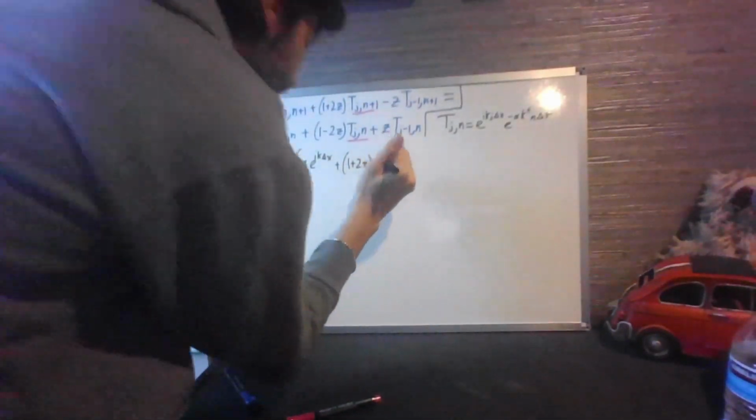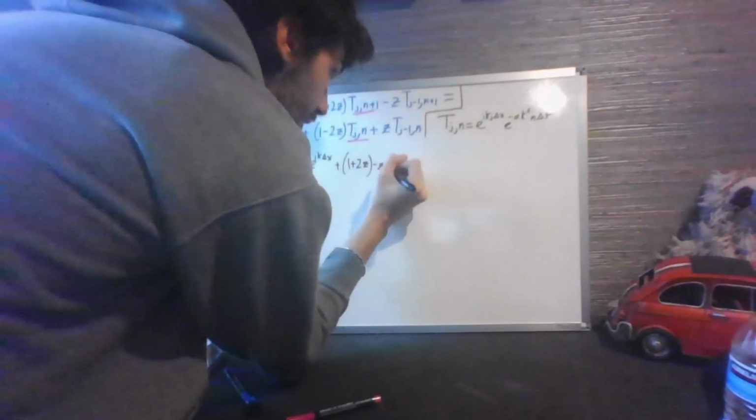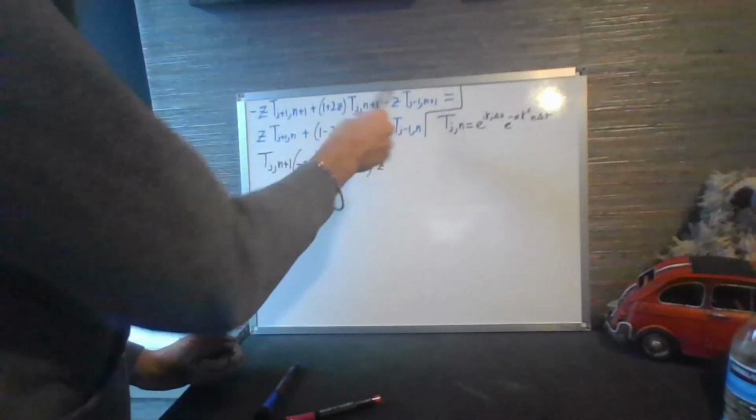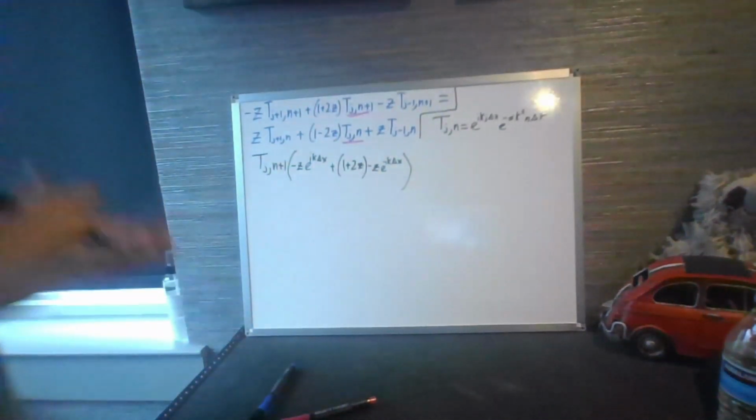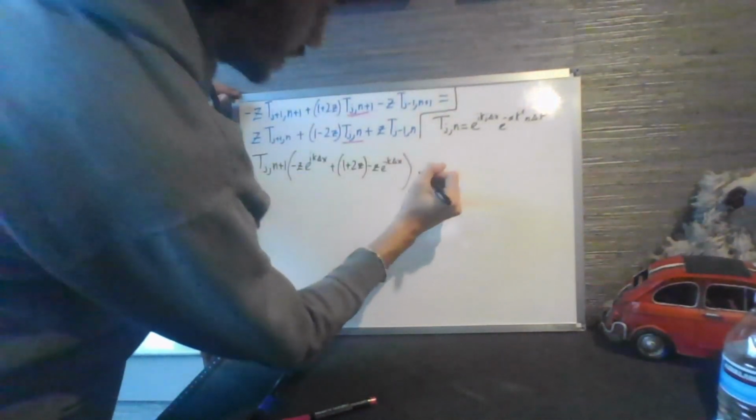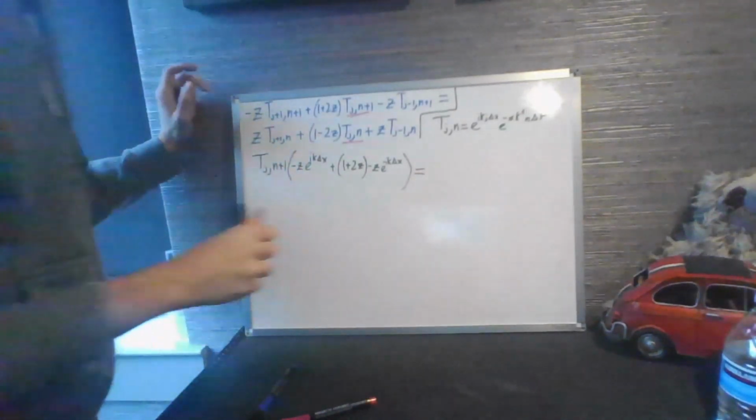Then we have a negative z, and this exponential is negative 1, so we're going to have a negative exponential to the power of ik delta x, and that's negative. Alright, so we got our left-hand side of the equation done with our Tj at n plus 1.